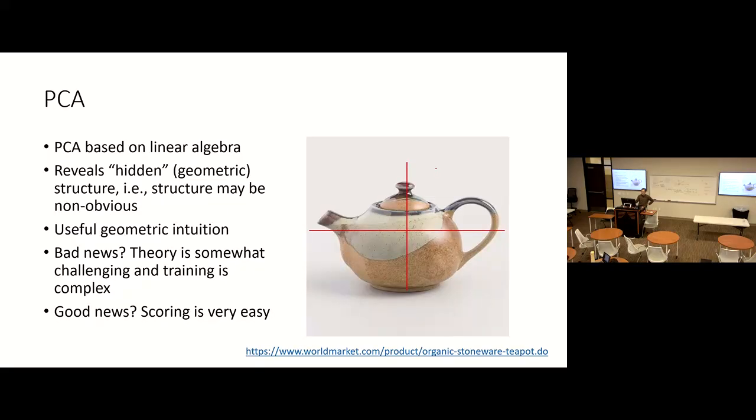We do this automatically when we take a picture of an object. If you have a general purpose, just trying to display the most features of this teapot, you will take an angle from the side rather than from the top, bottom, or behind.